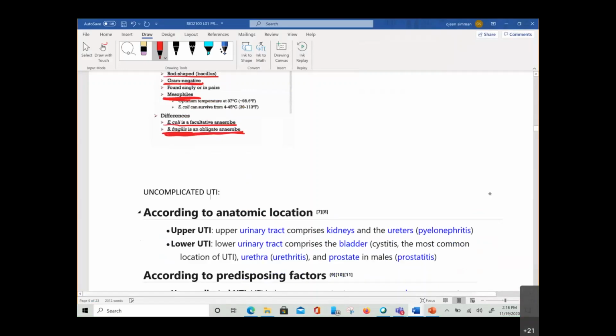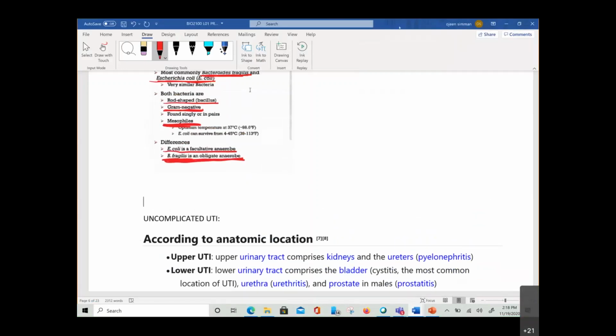Okay. The next one is UTIs. We're gonna start with uncomplicated UTI.